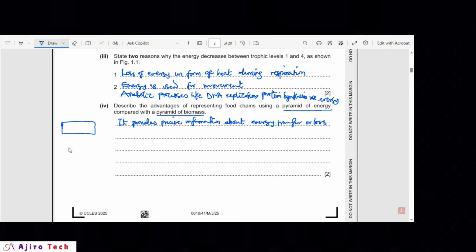For instance, if you look at algae, they usually have short lifespans, and they usually flourish, they blossom in rainy season than in dry season.